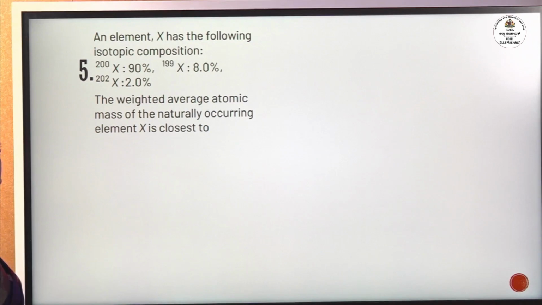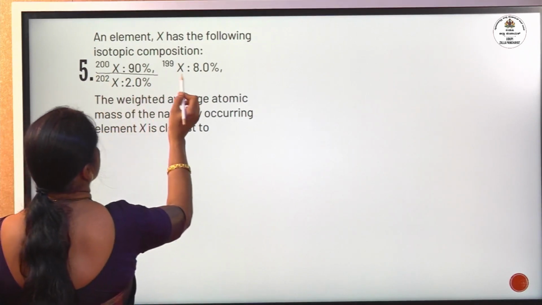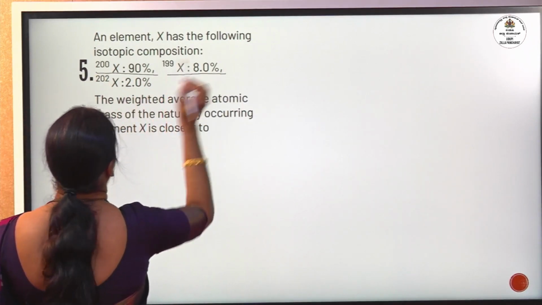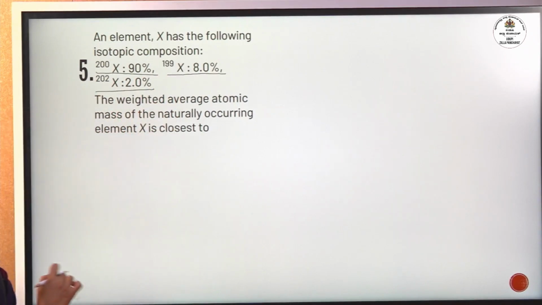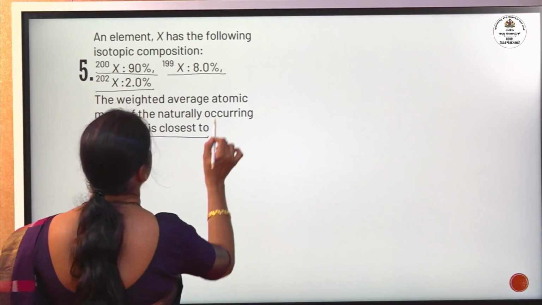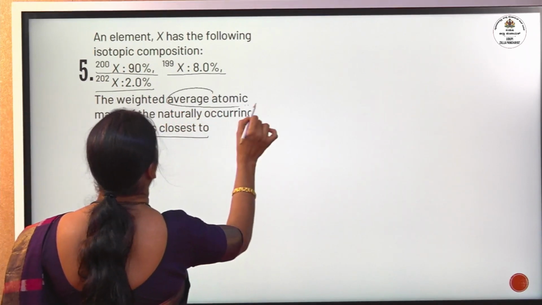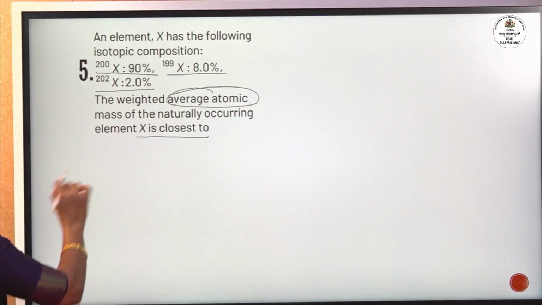Next question. An element X has the following isotopic composition. X200 is 90%, X199 is 8%, X202 is 2%. The weight average atomic mass of the naturally occurring element X is closest to, we have to calculate the average atomic mass.